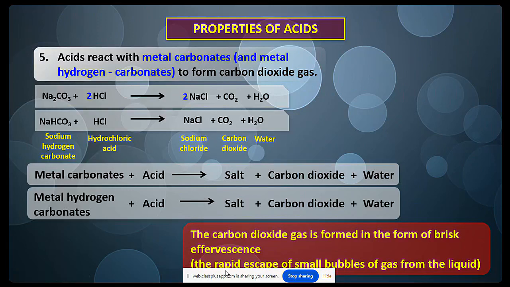Okay, you can see here these two points are very important. This point: the rapid escape of small bubbles of gas forms in the liquid here. So the carbon dioxide gas which is coming out of it is very important to us.